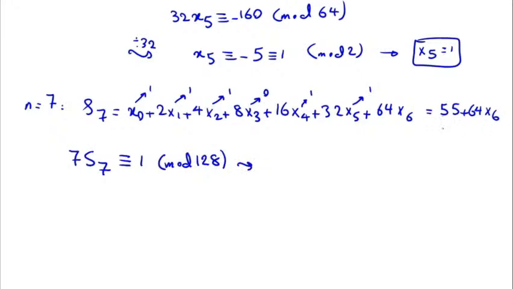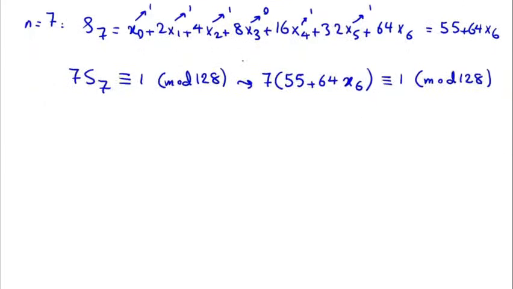Now, if we replace s7 with this, it will be 7 times 55 plus 64x6 is congruent to 1 mod 128. So, let's calculate. 7 times 55 will be 385, plus 7 times 64x6.